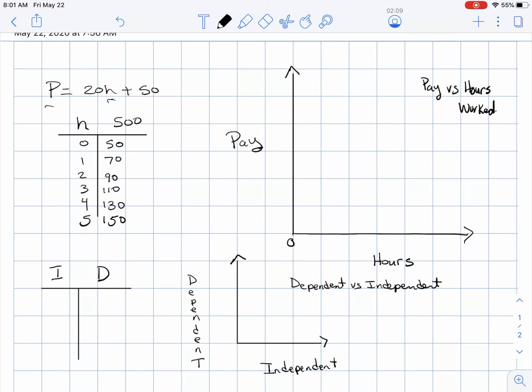Okay, so you might be asking, well, that looks a little bit different. I'm used to graphing on the XY grid that has 4 sections. Well, you still are. If you notice over here in our table of values, those values are all positive, 0 through 5, and 50 to 150.